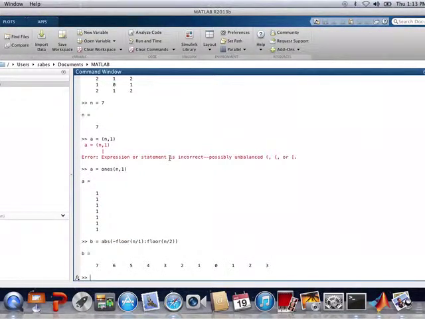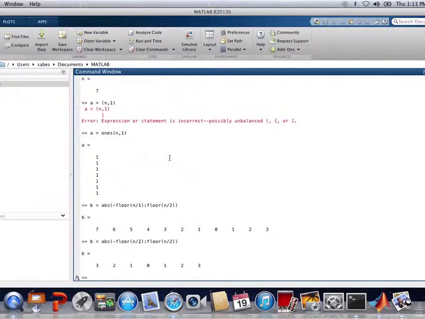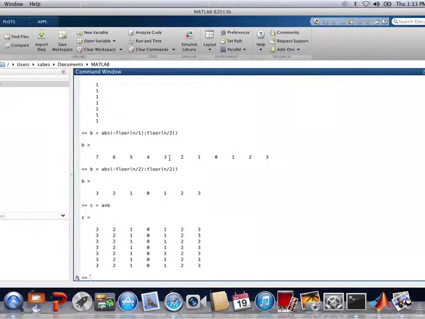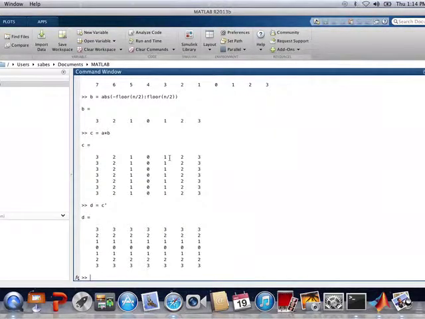And oops, okay, I see the mistake. Good. And now we have C equal to A times B, and then we take the transposition of C, and finally we add C and D together, and this is exactly what we wanted.